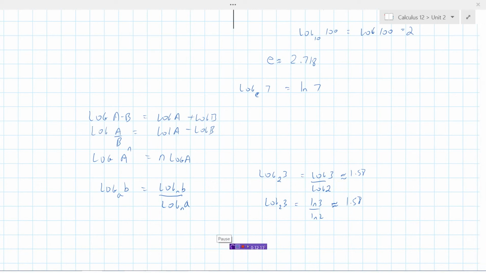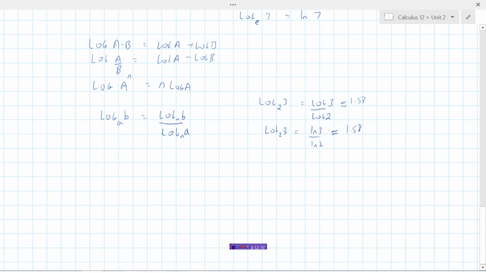Right, and there's one other kind of expression that we use often in logarithms. If you have an equation, log base a of b equals c, then that's equivalent to saying b equals a to the power of c. For example, let's go back to this one that we did before.